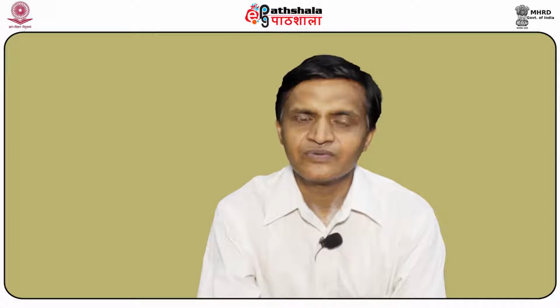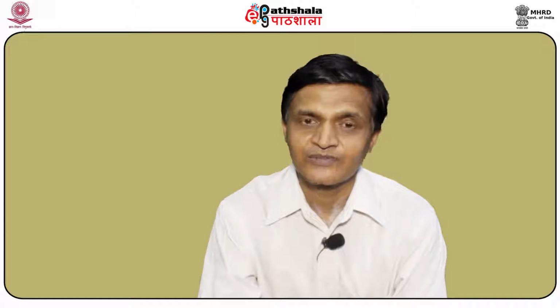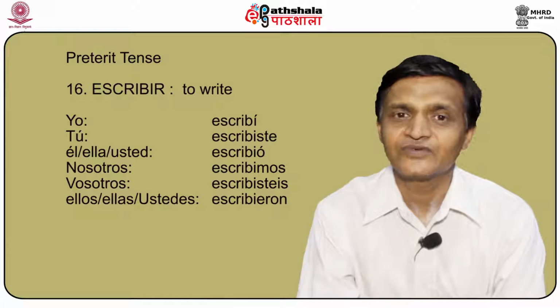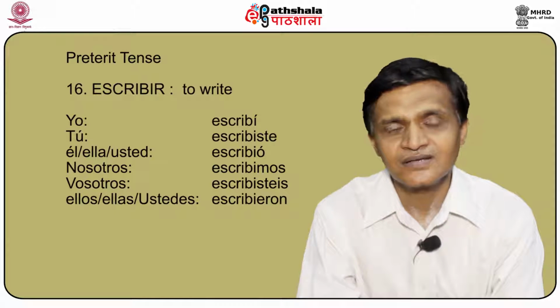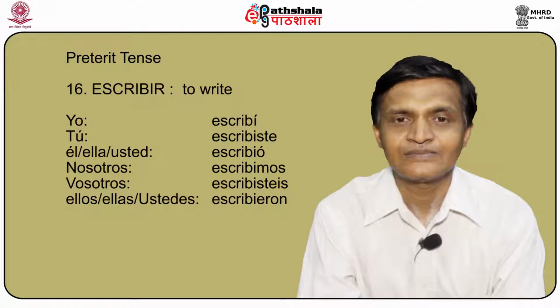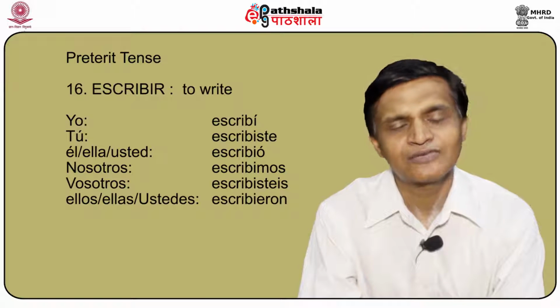Another verb that we will talk about, which is also, as we had mentioned earlier, very important, is escribir, to write, which is an IR ending verb and it is a regular verb. So the conjugation is escribí, escribiste, escribió, escribimos, escribisteis and escribieron.